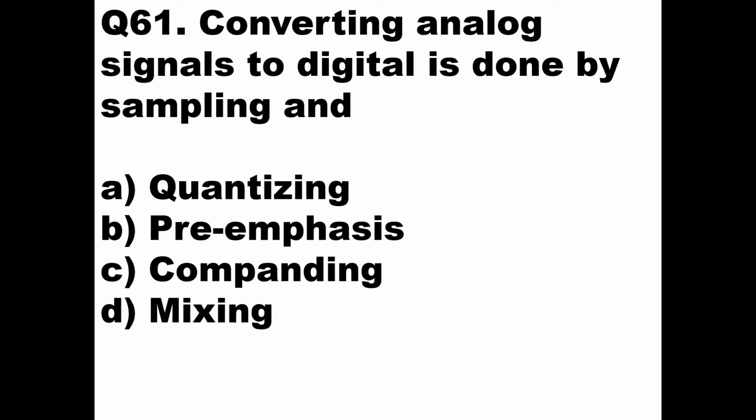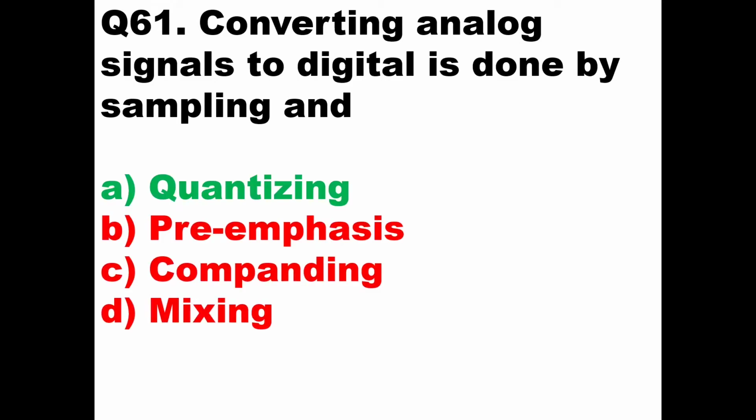Based on those quantization levels, a standard value is given to the amplitude of the sample, and then that value is converted into binary data. That is the quantization process. So converting analog signal to digital is done by sampling and quantizing. Here the answer will be option A, quantizing.